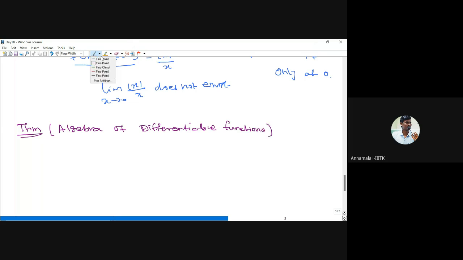Suppose we have functions f and g defined on J to R, both differentiable at the same point c in J.